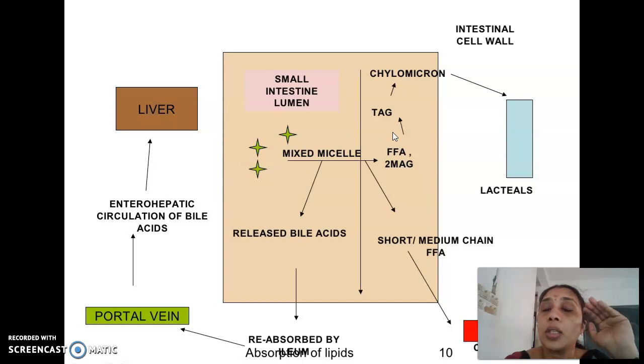So as long as glycerol remains as such, it cannot be utilized for the synthesis of TG. Glycerol should be in the form of glycerol 3-phosphate. The problem is that the enterocytes are devoid of glycerol kinase. What is the other alternative?